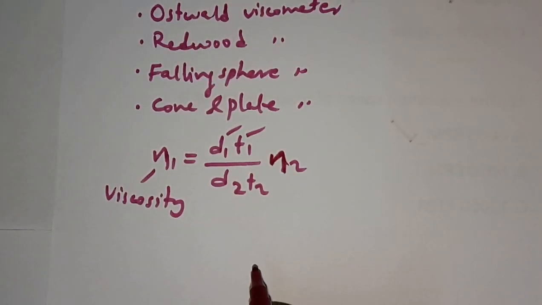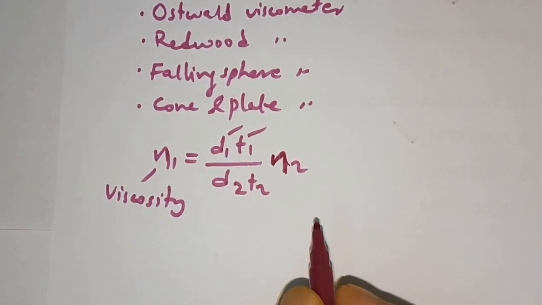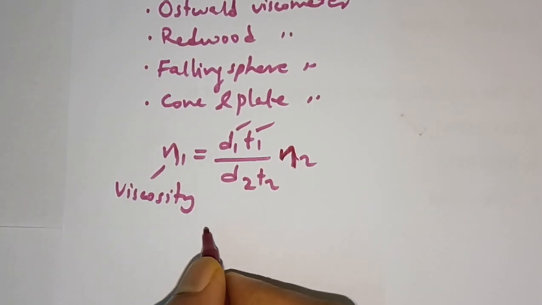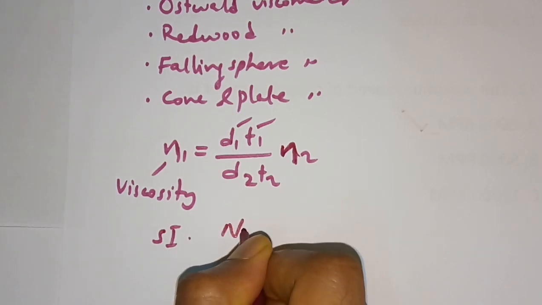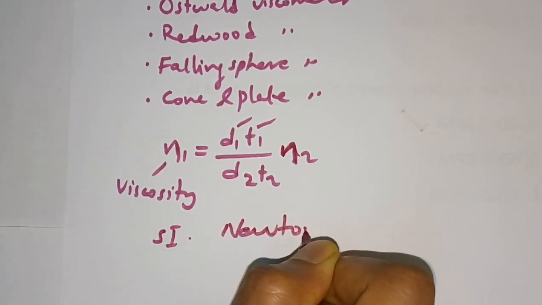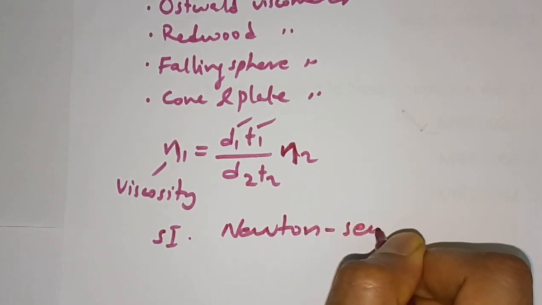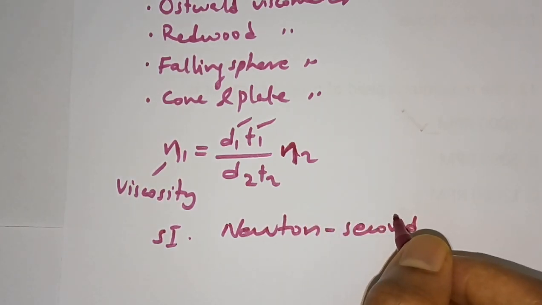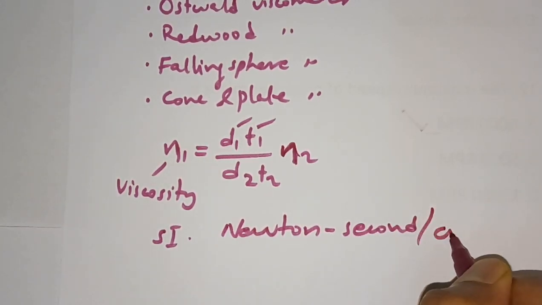Okay. Now the other important thing is the unit of viscosity. What is the unit of viscosity? According to the SI unit, it is Newton second per centimeter square. I think this video is a little bit longer compared to other chapters, but all are important things you have to study.